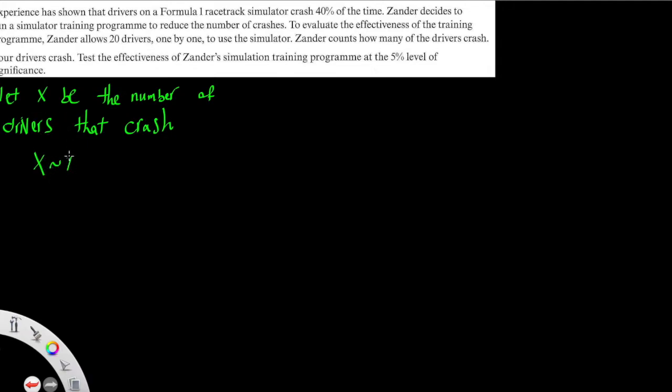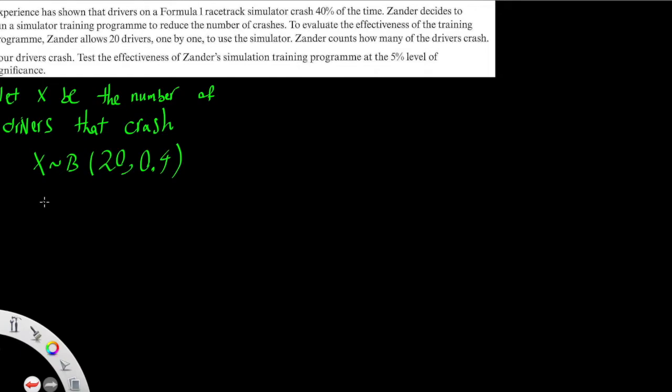Now, first let x be the number of drivers that crash. So it is clear that x has a binomial distribution with 20 as n, and it says 40% of the time, so the probability is 0.4.